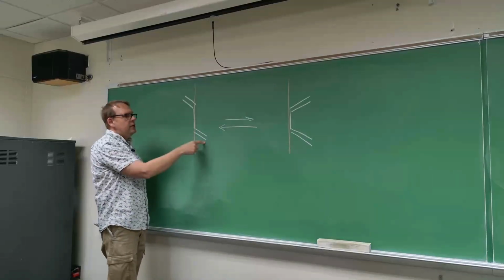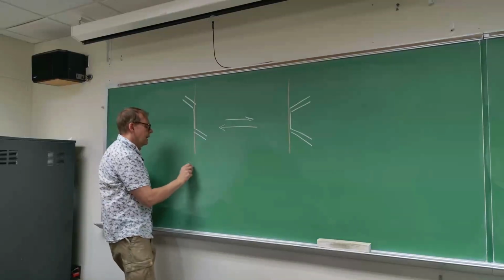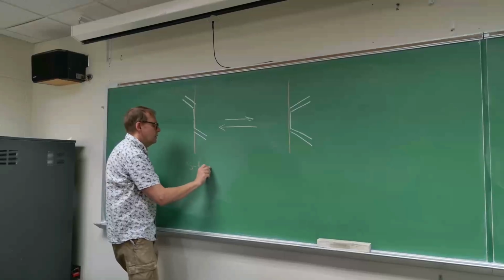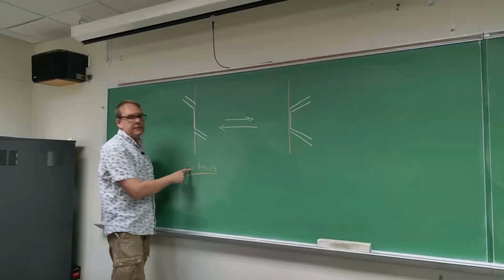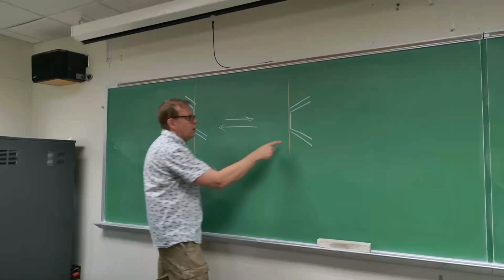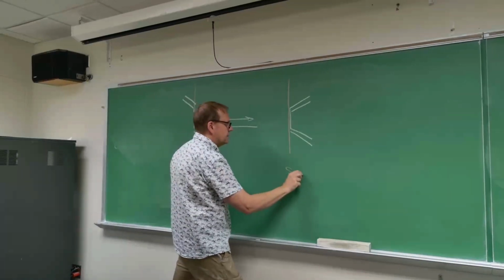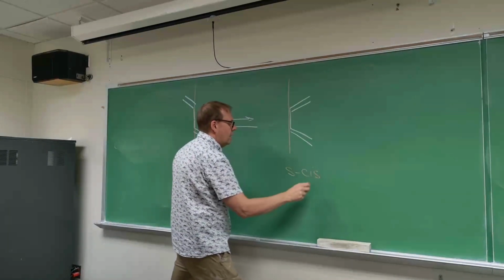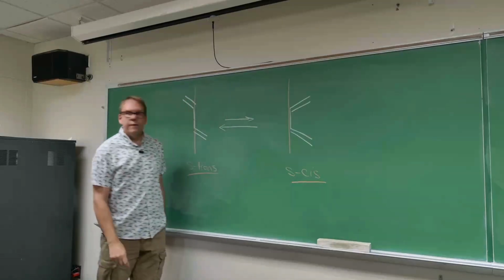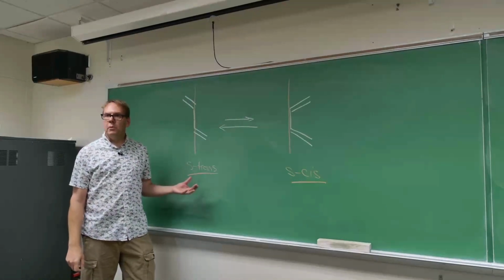When the two alkene groups are on opposite sides, this is called s-trans. The S stands for single bond. And when the two alkene groups are on the same side of the line, this is called s-cis.